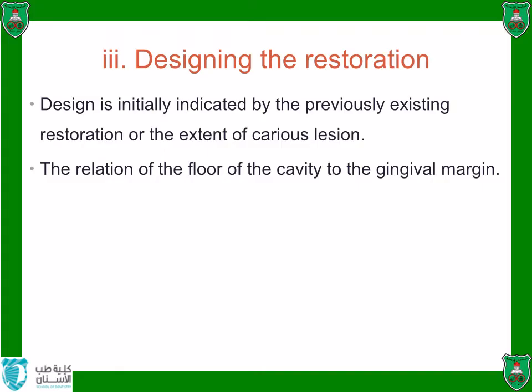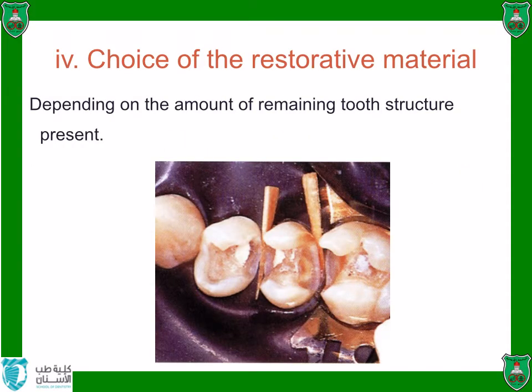Now, after we design our restoration, we need to choose our restorative material. It depends on the amount of remaining tooth structure present. You should remember that we have two types of direct restoration that you can use, most likely amalgam and composites. And glass ionomer is a very weak material. You can't use it in treating grossly carious teeth.